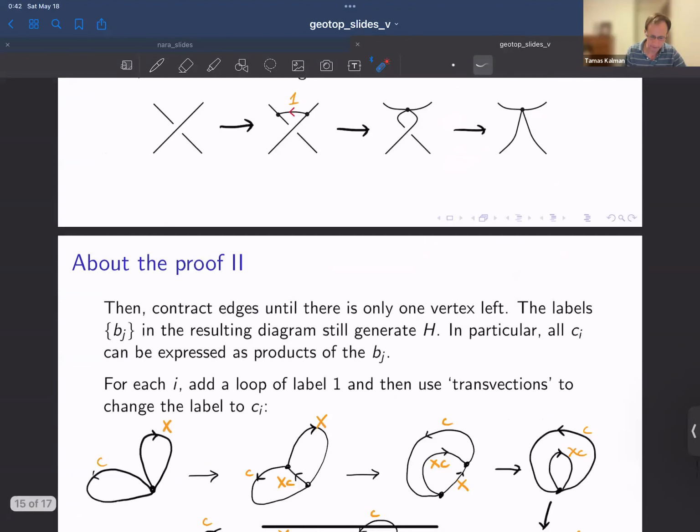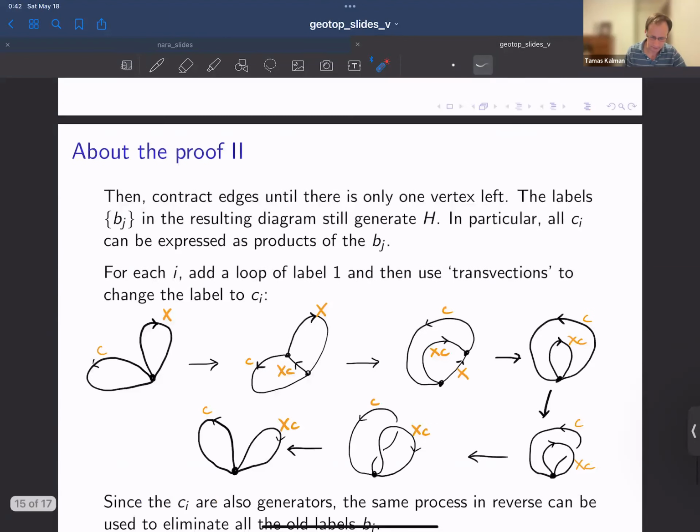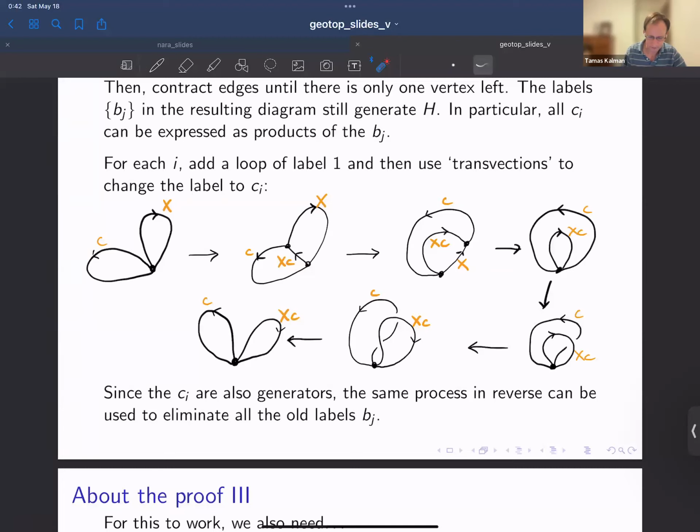So how do I standardize the labels? Well, that happens with the following sort of mathematical nonsense. For each i, the index of the fixed generator for the subgroup H, I just add this fake loop of label 1, like here, and then use these interesting transfection moves to change that label 1 to the label C_i.